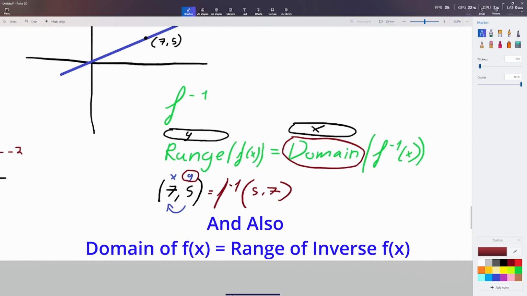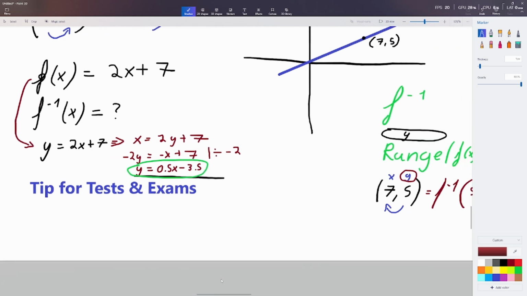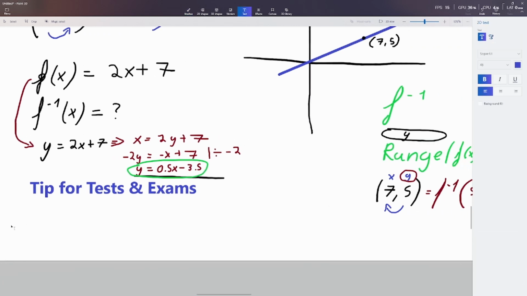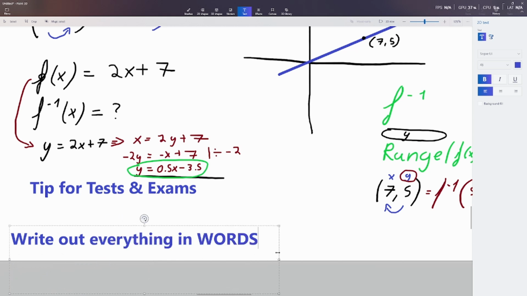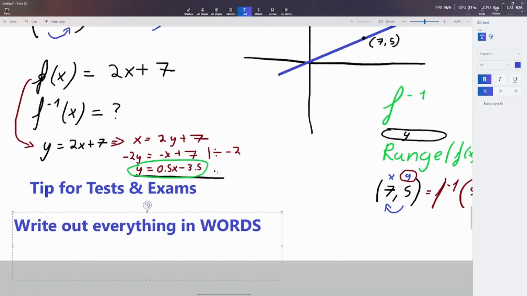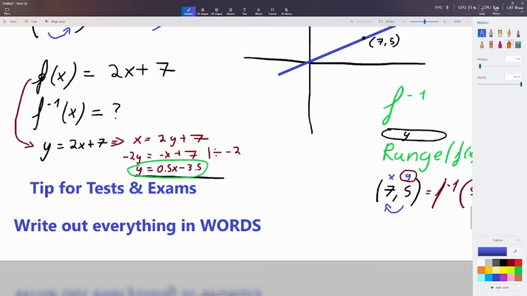And to top it all off, I also have a small tip for your tests and exams. It's a very simple phrase: write out everything in words. So in many cases you have real life problems, and it may actually be quite difficult to understand the problem.